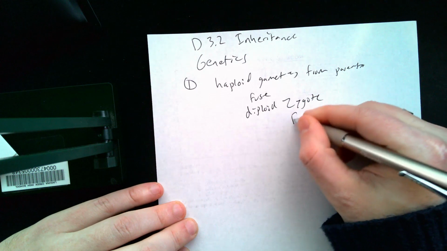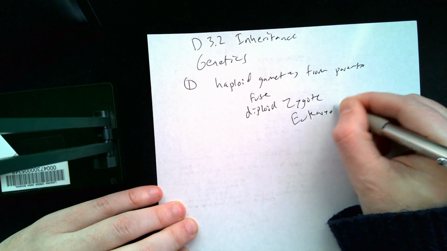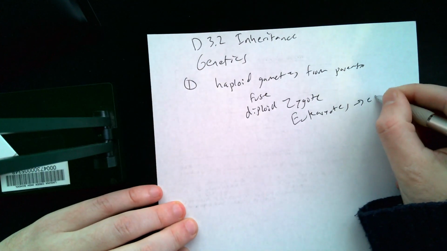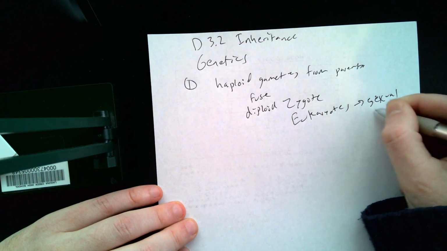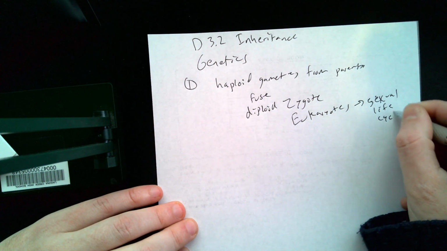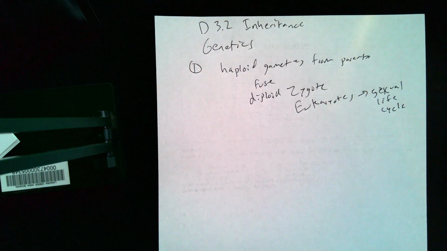This happens in all eukaryotes that have a sexual life cycle. Not all eukaryotes, but all with a sexual life cycle do this. Some have half their life sexual and half asexual, like a lot of fungi, so they only do it for part of the time.